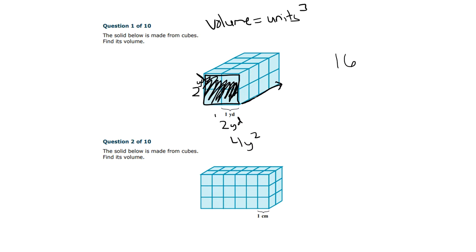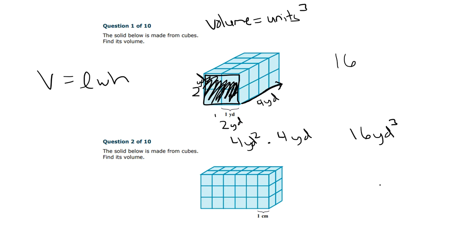And then this right here is 4 yards. So when we multiply 4 yards squared by another 4 yards, that's how we get our 16 yards to the 3rd power. Another way to think of volume is just length times width times height.